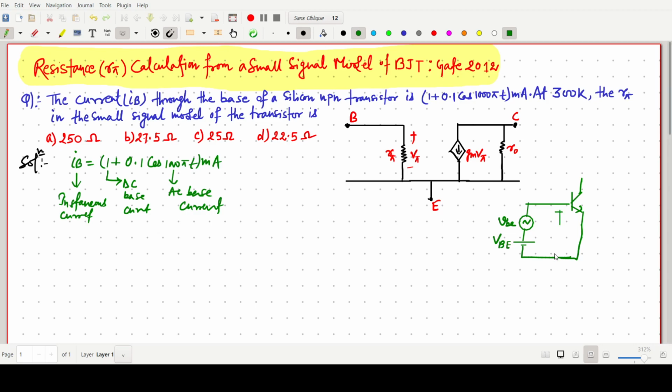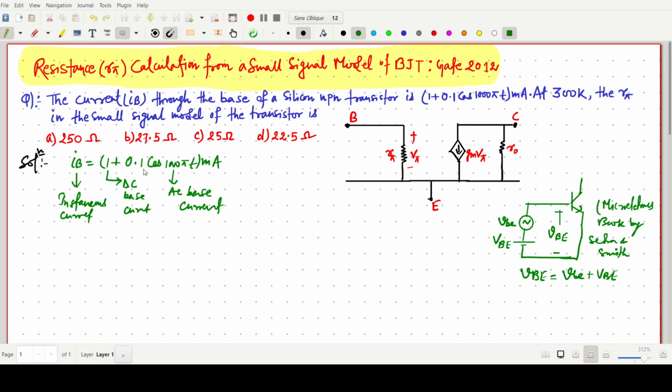When both AC and DC are combined, it should be written as VBE, which is instantaneous for a particular time instant, the combination of AC and DC. It is already discussed in my earlier video. For more detail, you can go to the microelectronics book by Sedra Smith, or I will try to share my description of the whole concept.